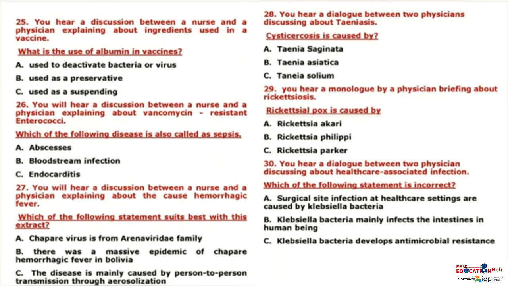Vancomycin-resistant enterococci can cause many types of infections, such as urinary infection, heart infections called endocarditis, bloodstream infection called sepsis, abscesses, wound infections, pneumonia, or meningitis. The risk of vancomycin-resistant enterococci infection can be reduced by minimizing the use of indwelling devices, such as intravenous lines and urinary catheters. The risk can also be reduced by avoiding inappropriate use of antibiotics.